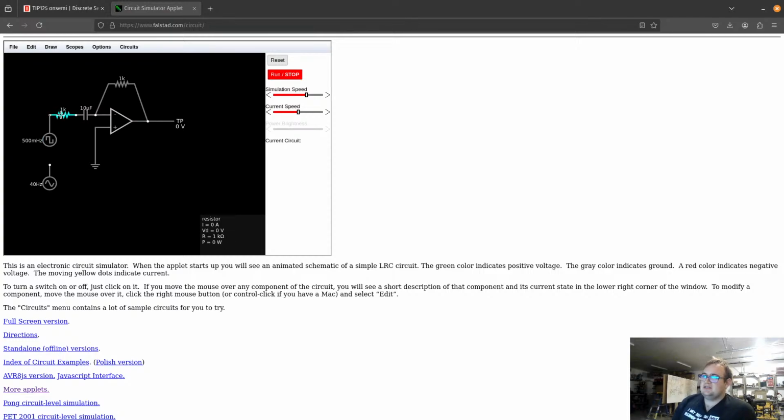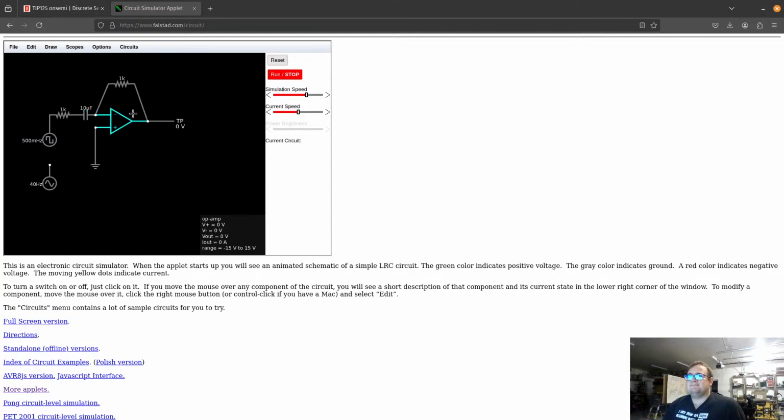So say it's applying 5 volts. There's no charge on this capacitor at the time. So it's going to charge up. And as it charges up, this is going to see a positive voltage. Now it'll take a while though to charge up.